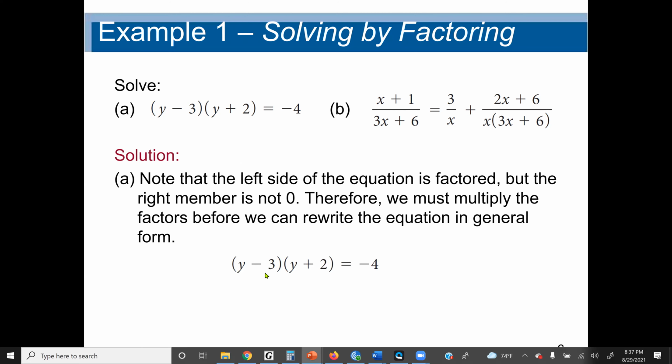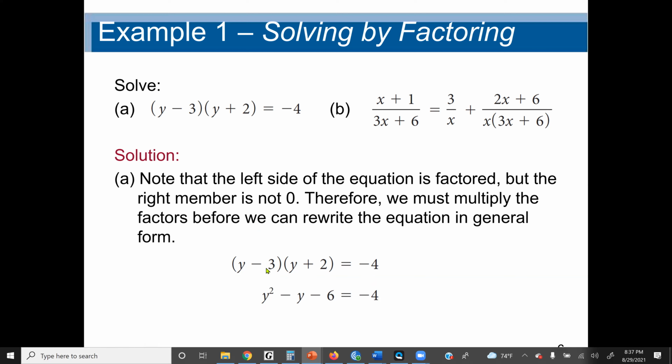So we have y minus 3 times y plus 2 equal to -4. We are going to, again, multiply y minus 3 times y plus 2. As we said, that will give us y squared, because y times y is y squared. Y times plus 2 will give me plus 2y.